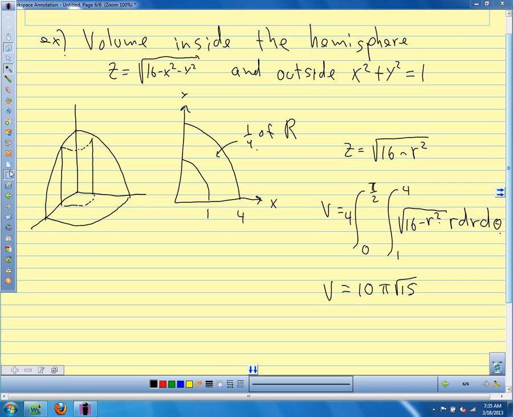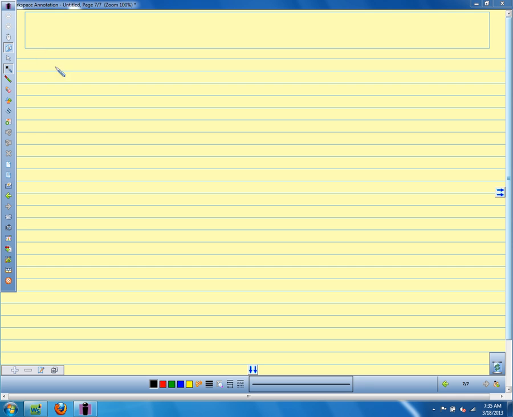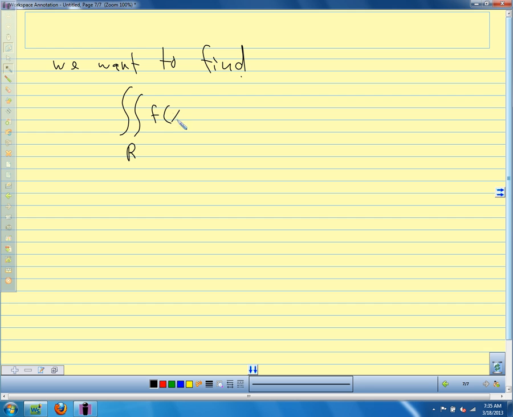Okay, I have a couple of questions for you. So we want to find the value of this double integral. And what I'm going to say is, how do we want to set up our integral for the region that I sketch out?